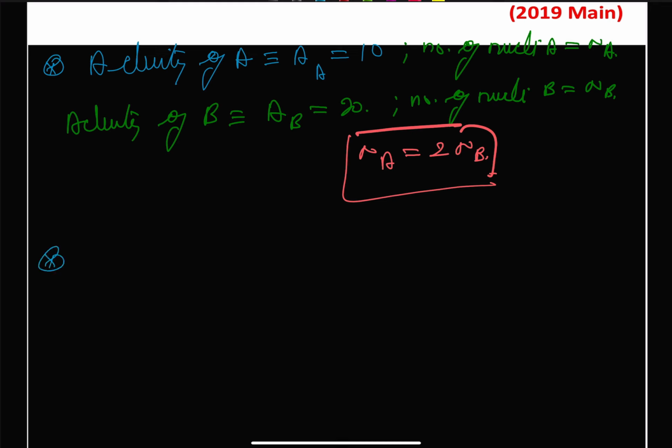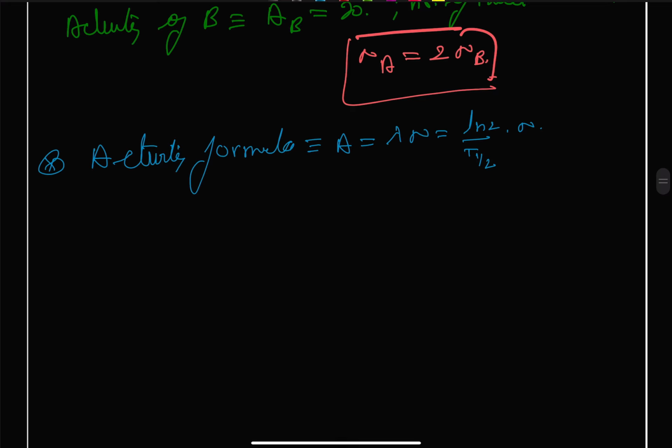Activity formula gives us that A is equal to lambda times N, and lambda we already know is natural log of 2 divided by T half, multiplied by N. So from here we can write that A upon N will be equal to natural log of 2 divided by T half.